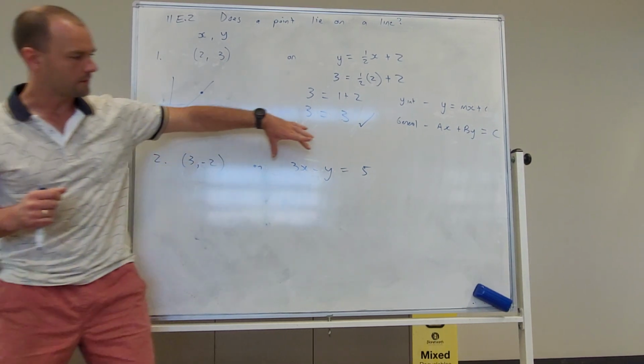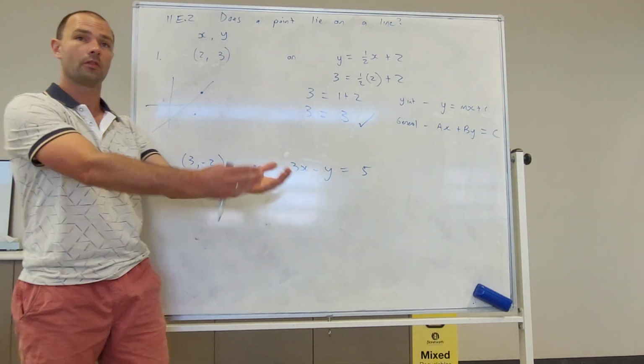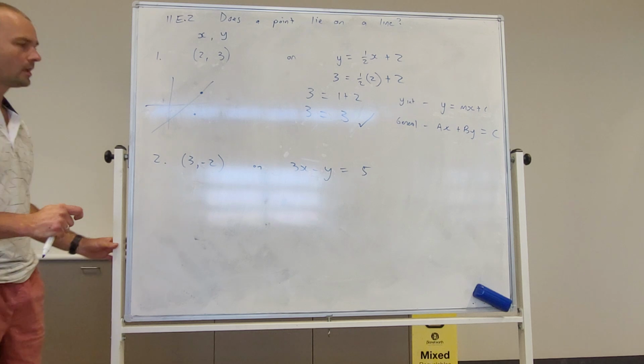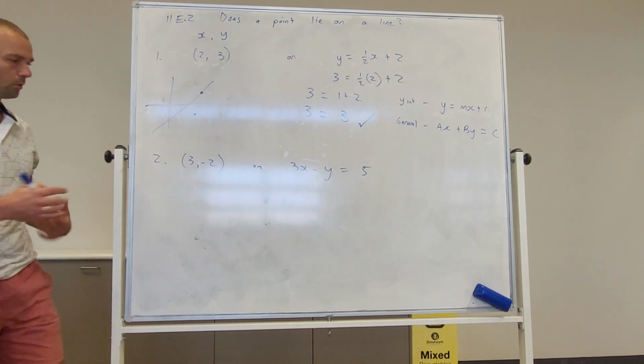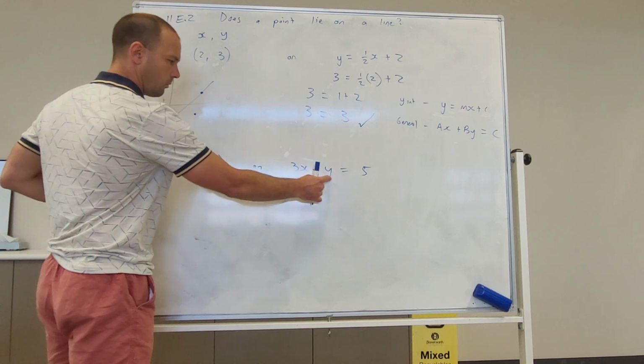Question 2 here. This is in general form because we have the x and the y on the left-hand side, and the constant term on the right-hand side. So I'm going to put 3 where the x is, and minus 2 where the y is.